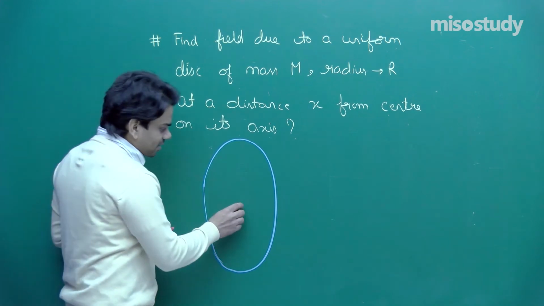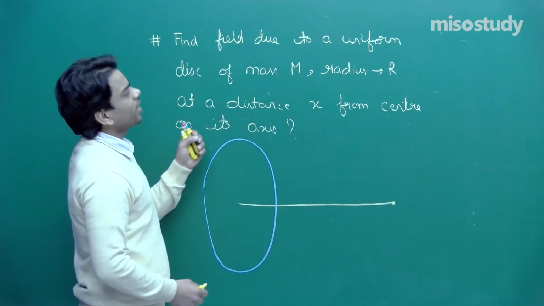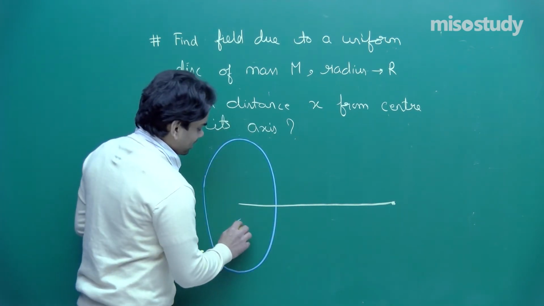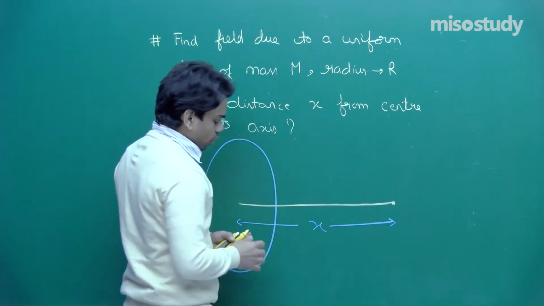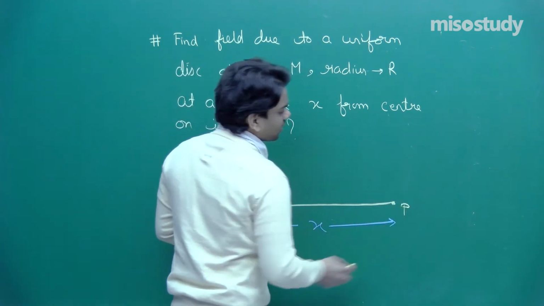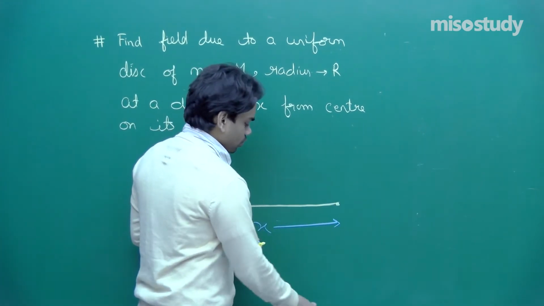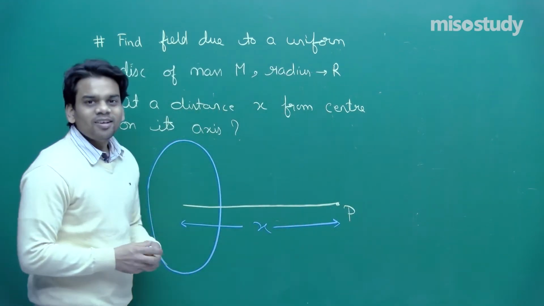Now its axis I am going to show you here. This is the axis and we are required to find out the field at a distance x from the center. Let's say this point is P, where we are required to find the value of field strength.